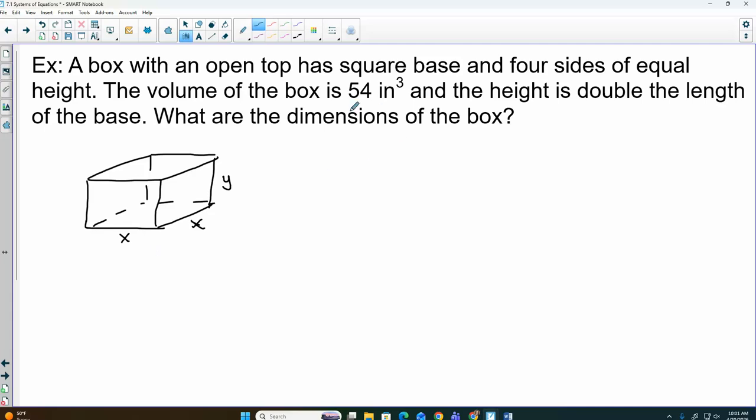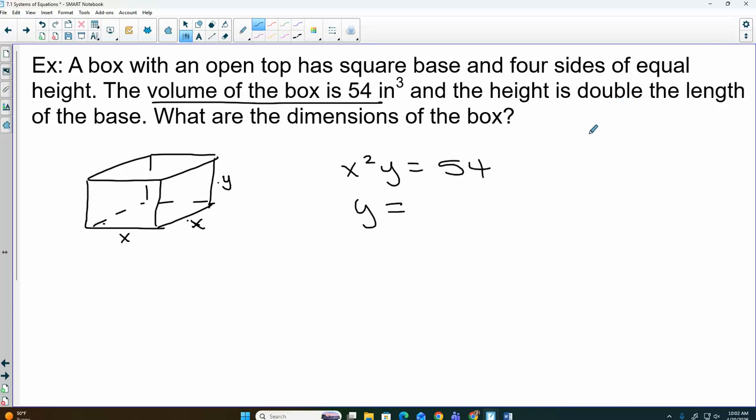The volume is 54. How do we find volume? Length times width times height. So x times x times y, so x squared y equals 54. Then it says the height, so my height, that's y, equals double the length of the base.